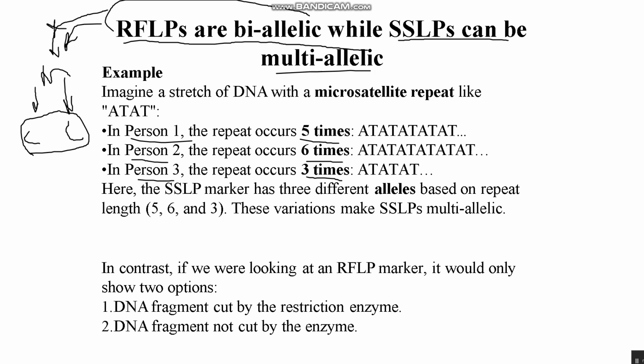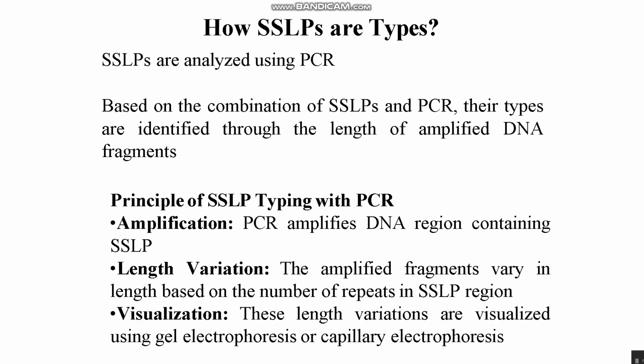It means it's multi-allelic. There are no specific alleles in the SSLPs. In contrast, in the RFLP marker there are two options: the DNA fragment is cut by the restriction enzymes, or it is not cut. This is a concept you have to know: the RFLPs are biallelic, but the SSLPs are multi-allelic.